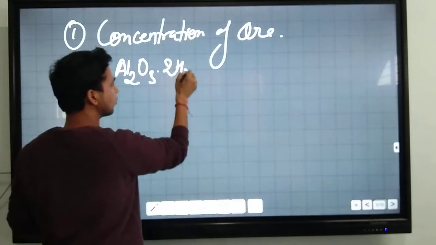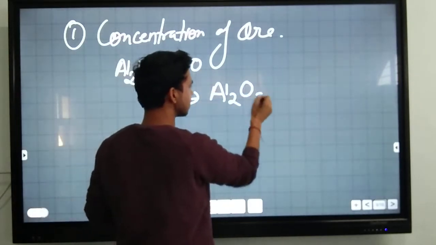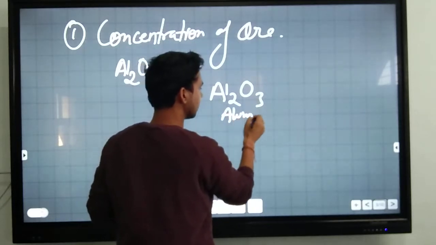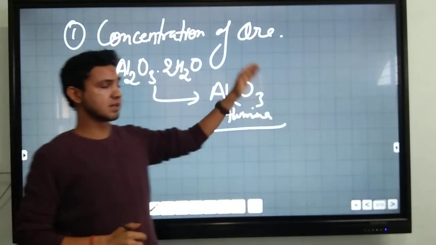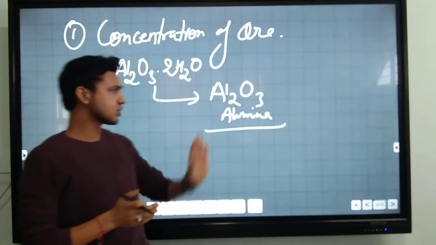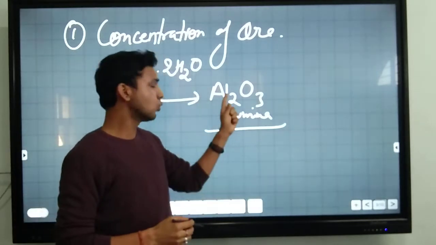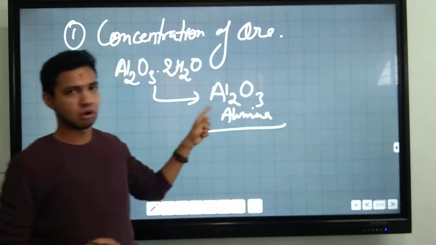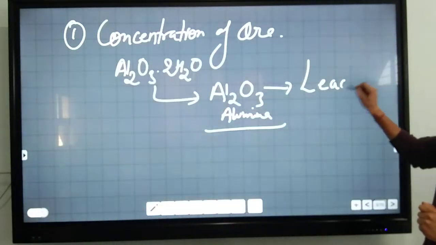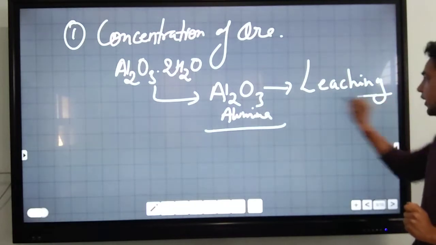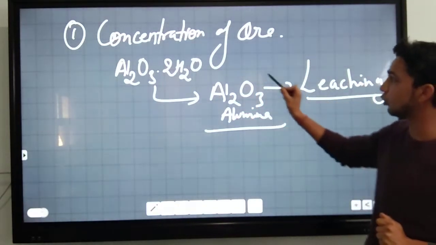Bauxite contains a small amount of moisture, but when we heat it, we get Al2O3. This is known as alumina. But according to the Ellingham diagram, it is a very stable oxide. So this oxide gives you aluminium by the electrolysis process. So we do the concentration of ore by which process? Yes, by the leaching process. We have already done it. The leaching process is useful for the concentration of alumina ore.